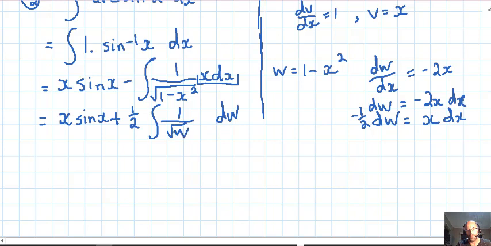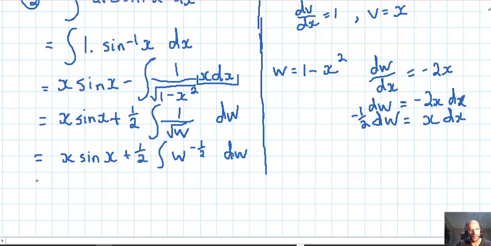Now, some people might not like that I've got two variables happening there at once, but a lot of people don't mind. So we've got everything in check there. I might now change the 1 over root w into index form. So that's w to the negative a half dw, which is easier to see what to do with the integration.